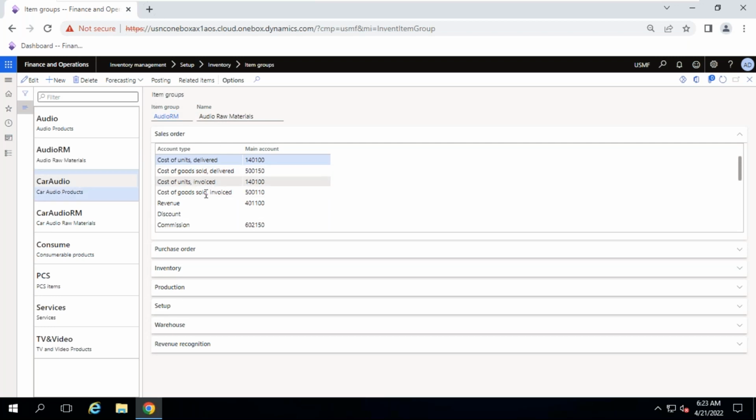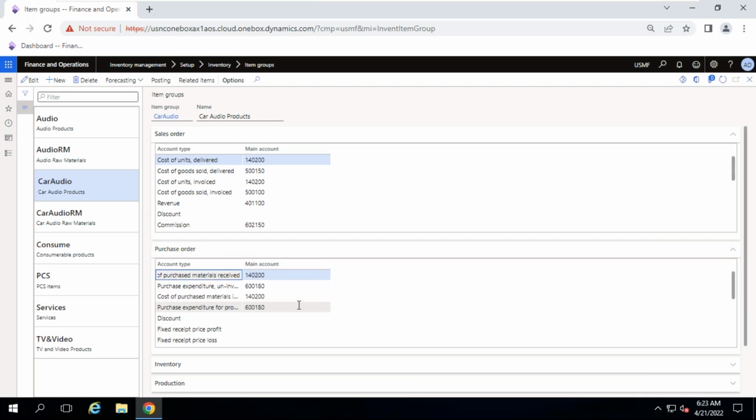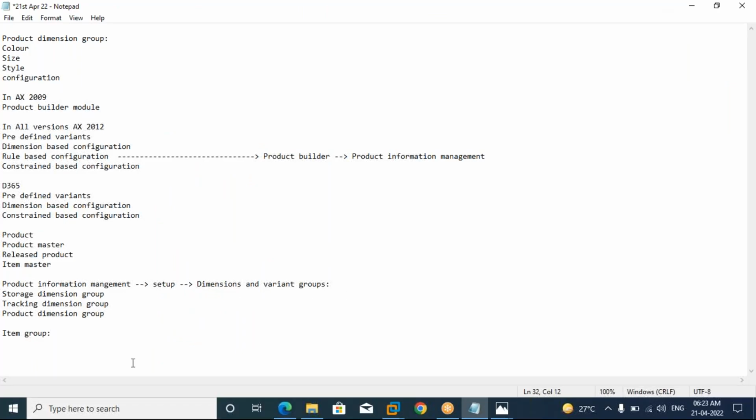So look at this one. The ledger accounts are mapped. What is going to be debited? What is going to be credited? We need to map that, and this mapping will be done by finance consultants, not by you. So item group is really a part of P&L, but it will be handled by finance consultants.